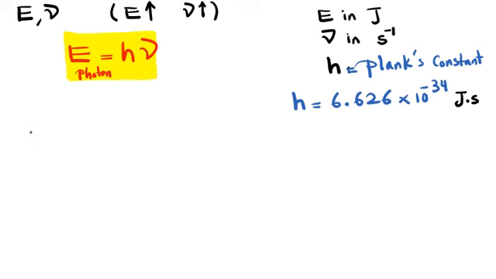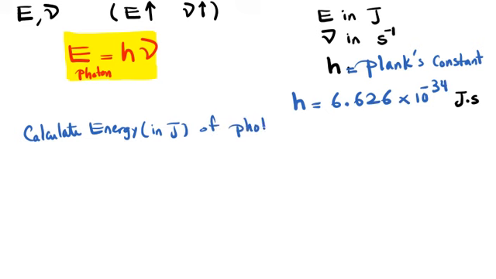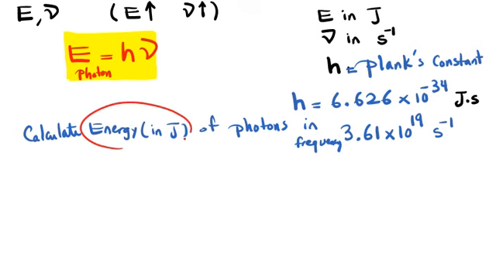So I'm going to work on one problem here. The question says: calculate the energy in joules of photons with a frequency of 3.61 times 10 to the positive 19 per second.